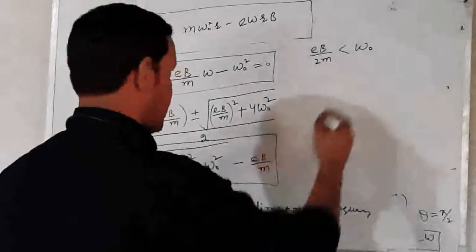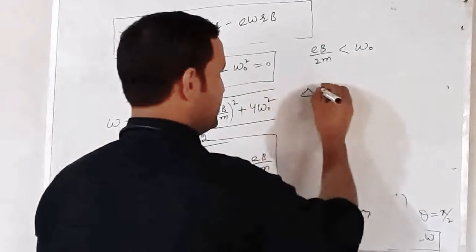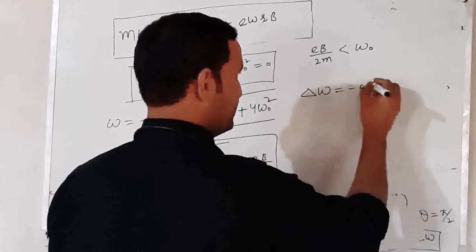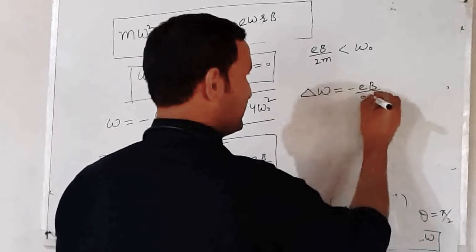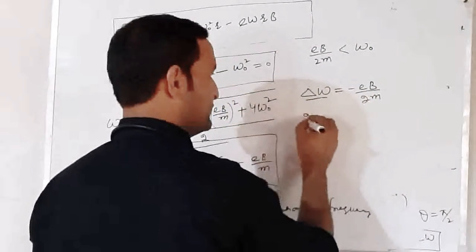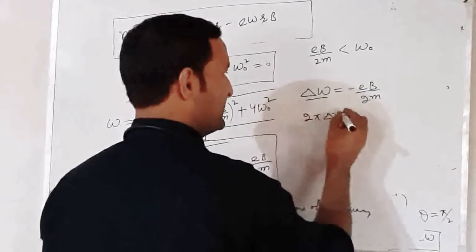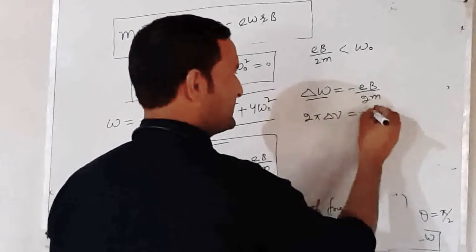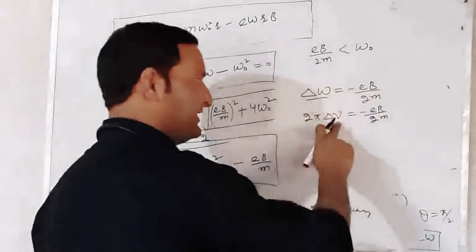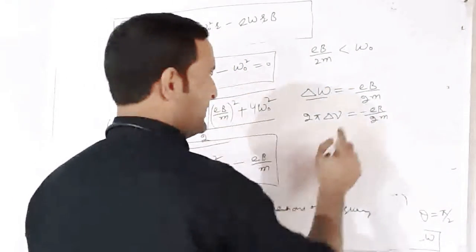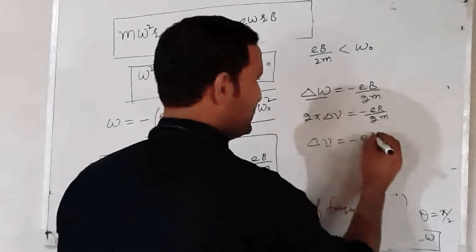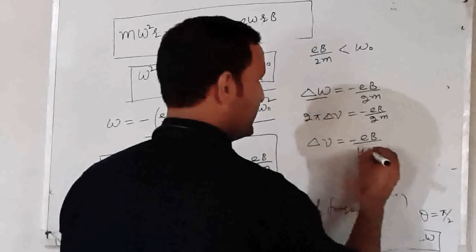So the change in frequency delta omega will be equal to minus eB upon 2m. In linear form, 2 pi delta nu equals minus eB upon 2m. This is not v, this is nu, frequency. So delta nu will be equal to minus eB upon 4 pi m.